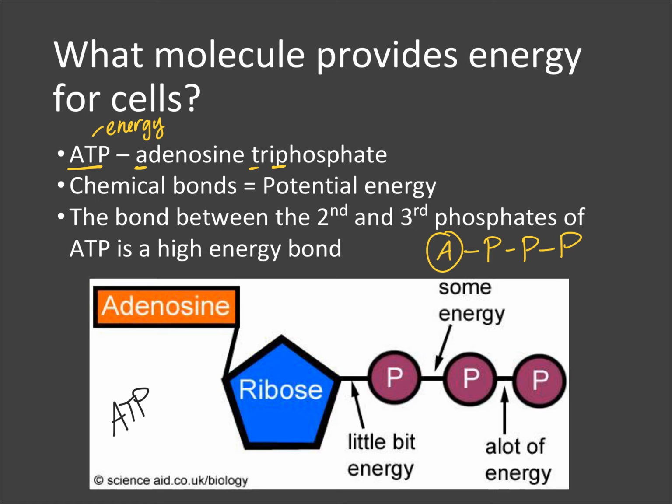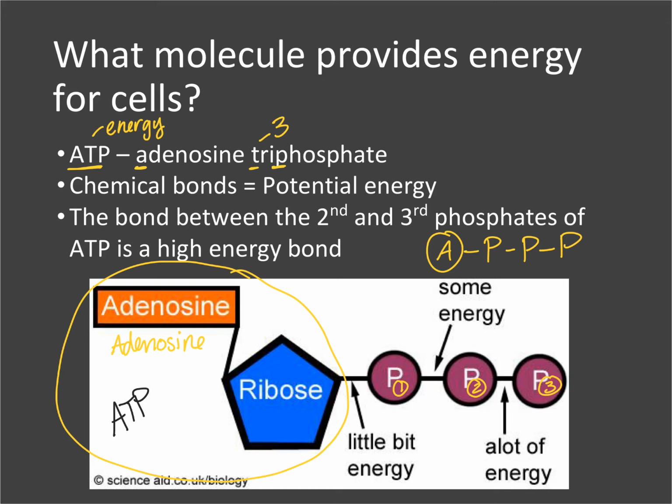All right, so essentially the adenosine and ribose, this part makes the adenosine part. And then tri means 3. So 3 phosphates. We can see there's phosphate number 1, phosphate number 2, and phosphate number 3.